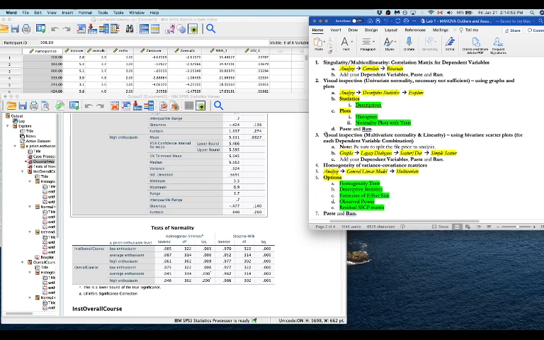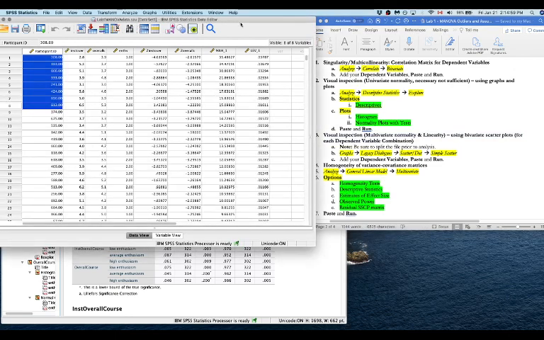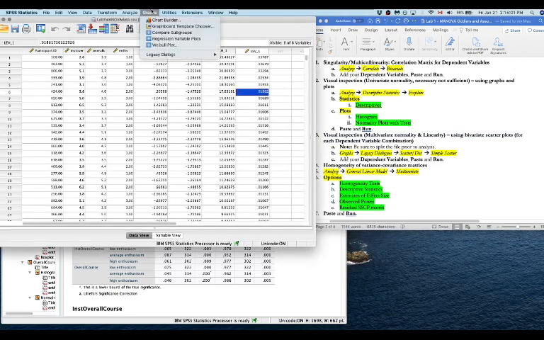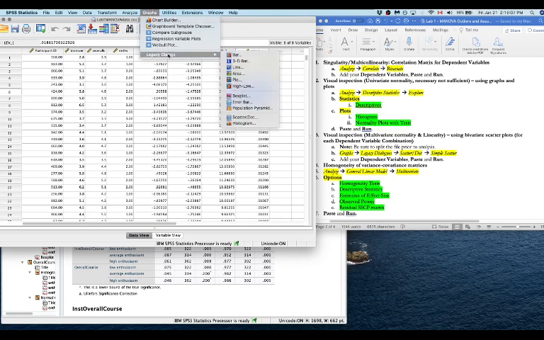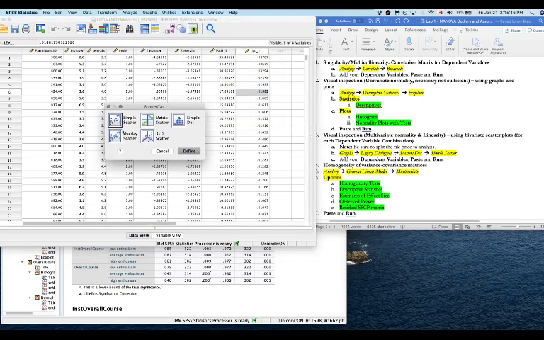So now, like I said, we'll do this visual inspection. There's probably other ways to get to it, but probably the best way is through graphs, legacy dialogs. This is the old way.